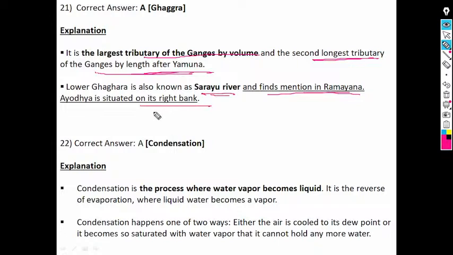So we can say the Ghagra has a mythological importance also. Sarayu has importance in the Ramayana.